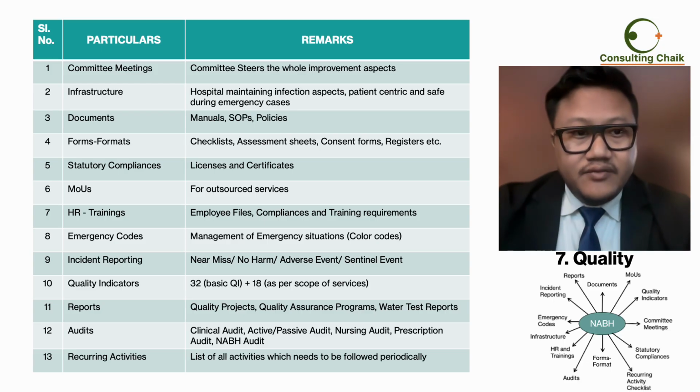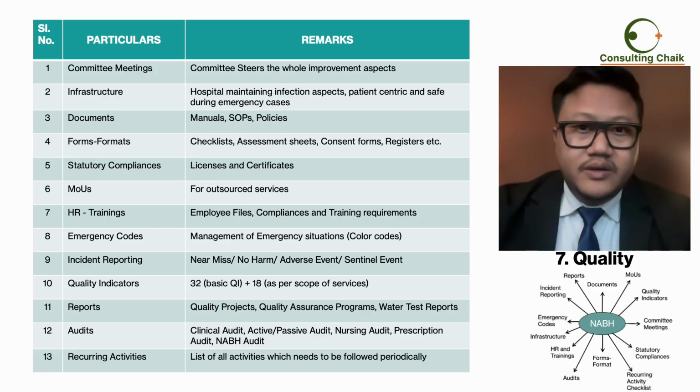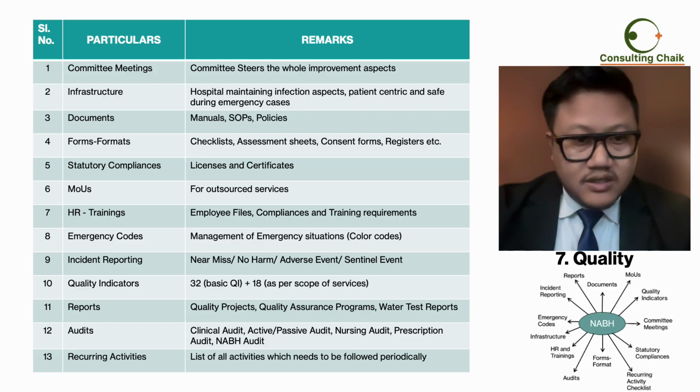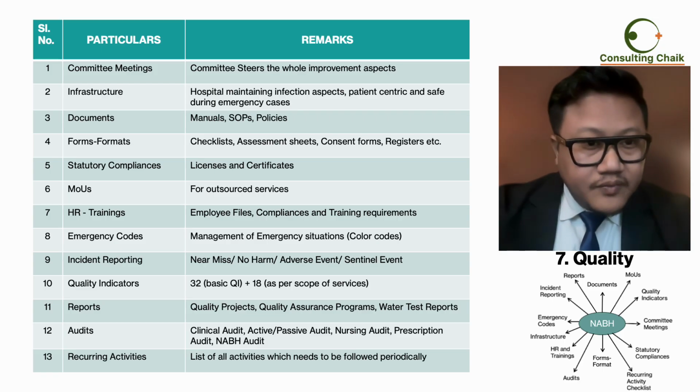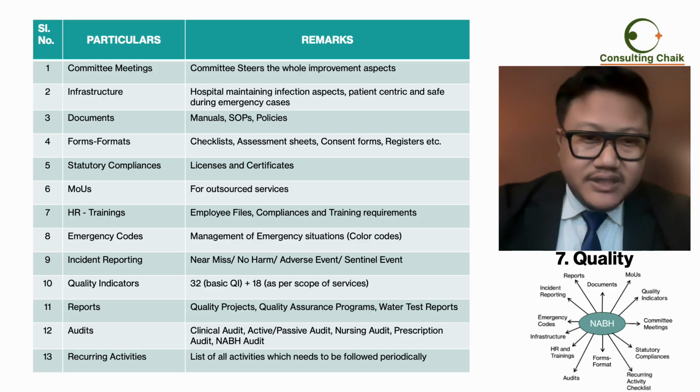Then you have your documents, manuals, SOPs, policies, very important, so that things are written down and available for the staff to refer to, and that is how they are supposed to work. Then your forms and formats, checklists, assessment sheets, consent forms, registers, all that.